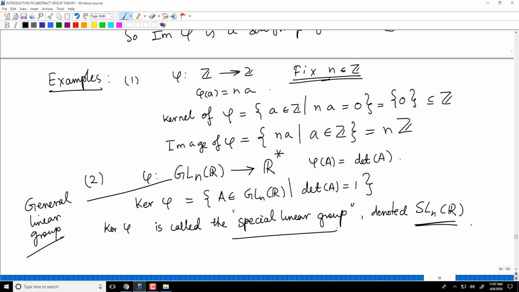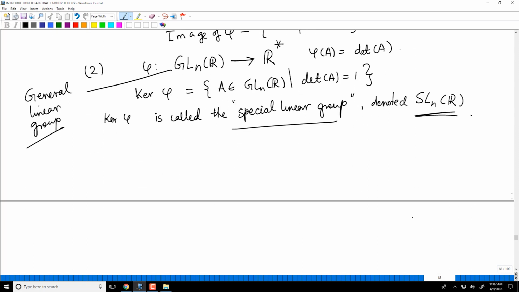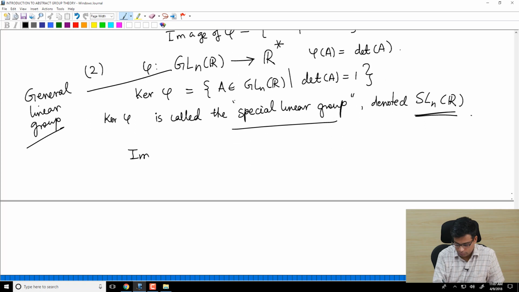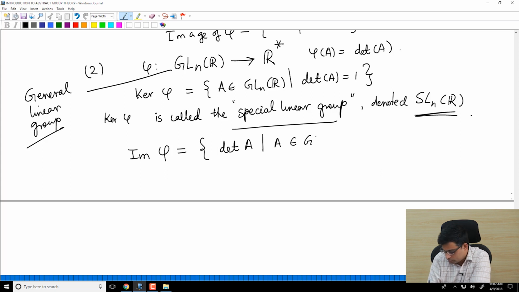The special linear group is the group of invertible elements with determinant 1. That is the kernel. What is the image of phi? The image of phi is the set of real numbers which are obtained as the determinant of A for an invertible matrix. So the image consists of all determinants as you vary the invertible matrix in GL_n(R).